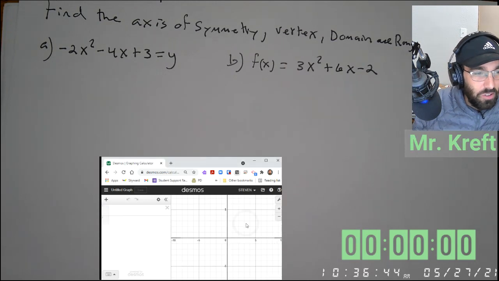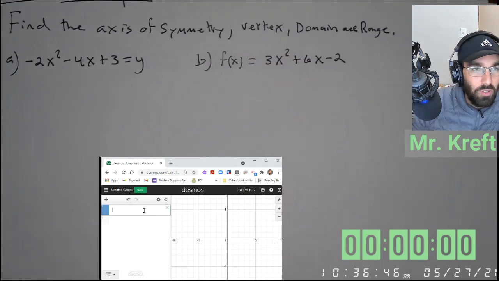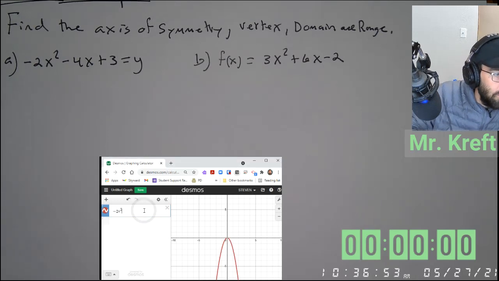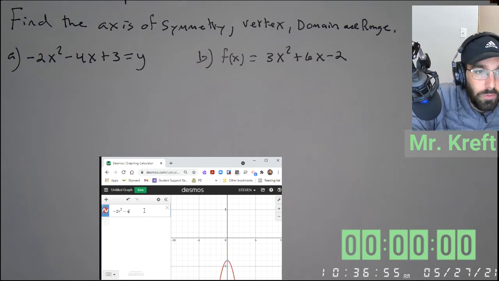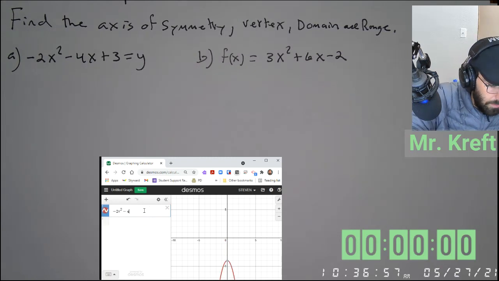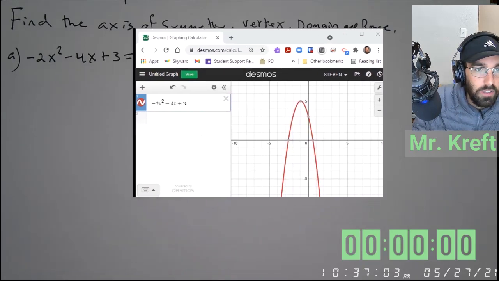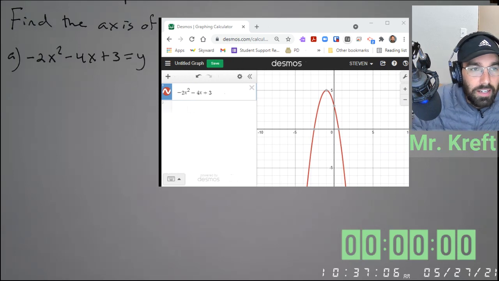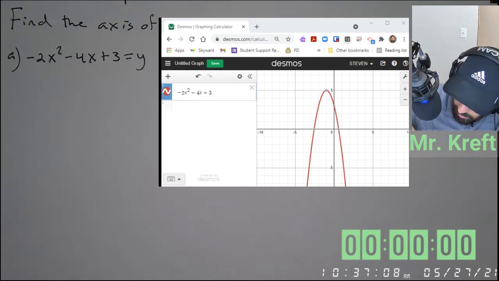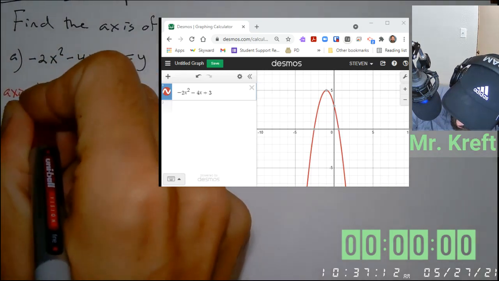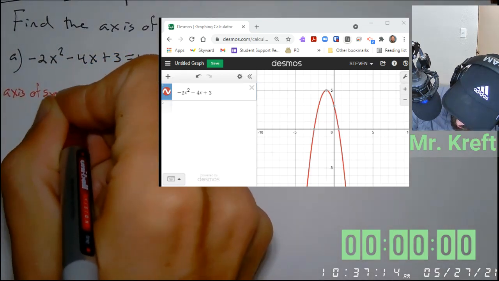So let's take a look at this. I'm going to graph this here. I got negative 2x squared minus 4x plus 3. I can make this a little bit bigger. There we go. All right, so we need to find some stuff here. We want to find the axis of symmetry.